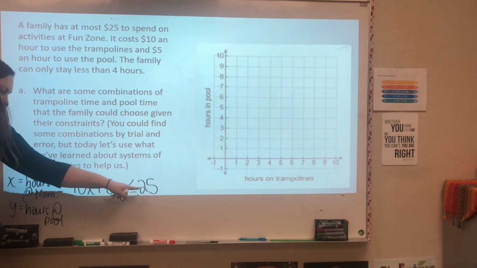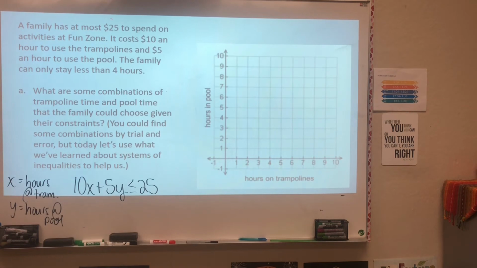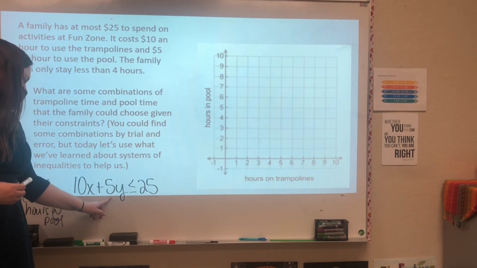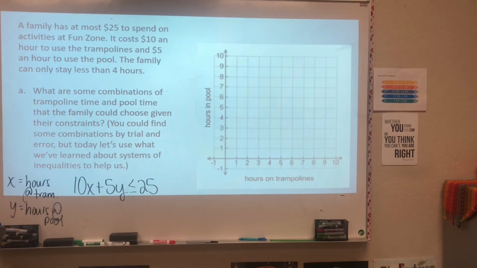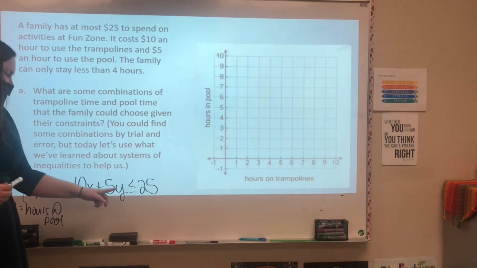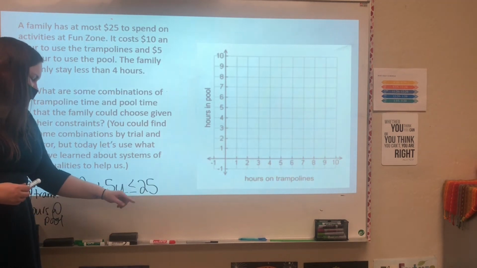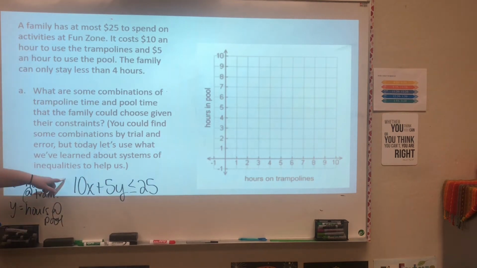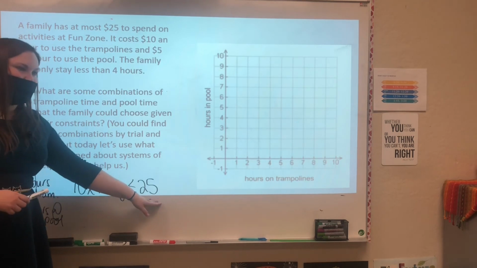So then this right here says $10 per hour at the trampoline plus $5 per hour at the pool is less than or equal to $25. Yep. So it's basically saying this is the money we're spending, and it has to be less than or equal to the money we have.